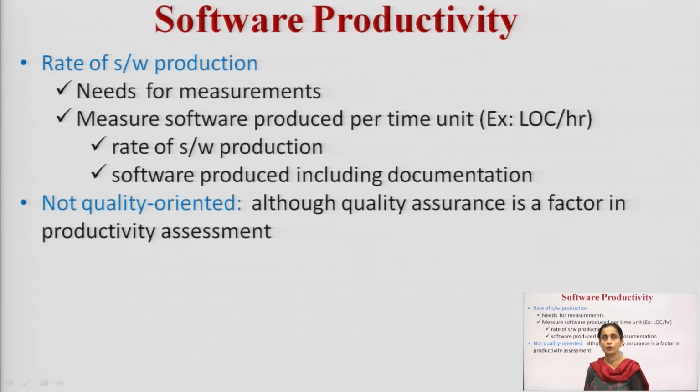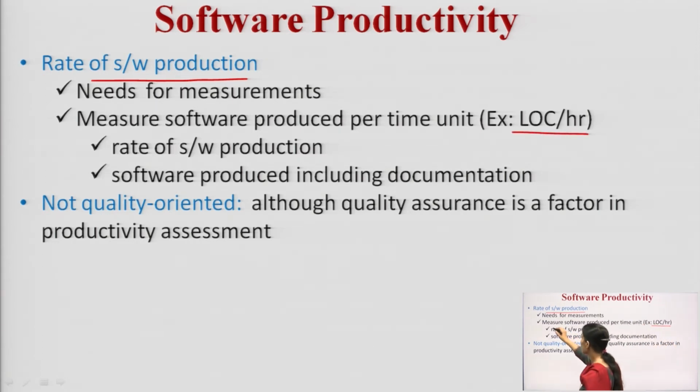Suppose I calculate the software productivity now. It will be calculated in terms of the rate of software production. Here, the rate of software production means I am calculating in terms of measurements: measuring the software produced per unit time, that is, the lines of code per hour that will be executed.